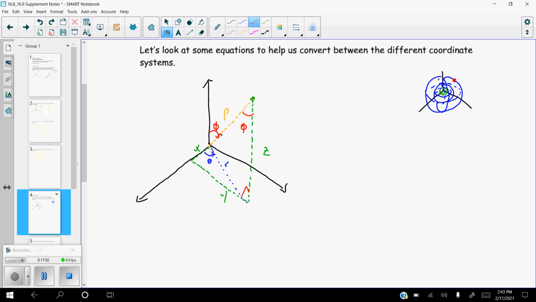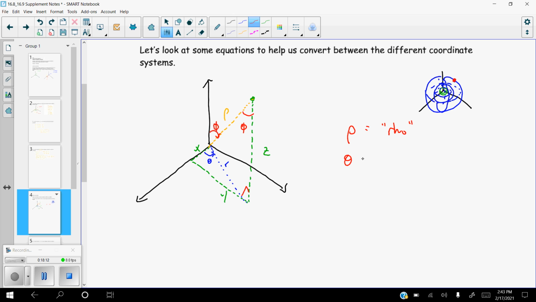So here are our coordinates. Again, it is rho, pronounced R-H-O, rho, or R-O-W. I think it's actually spelled R-H-O in English when it's translated.